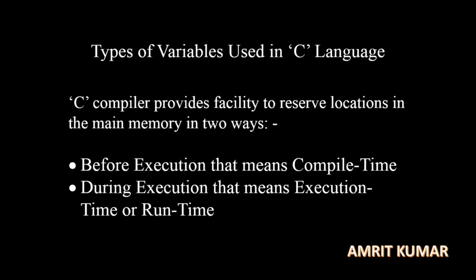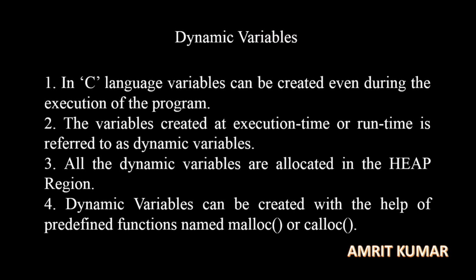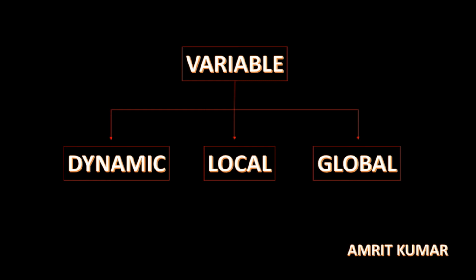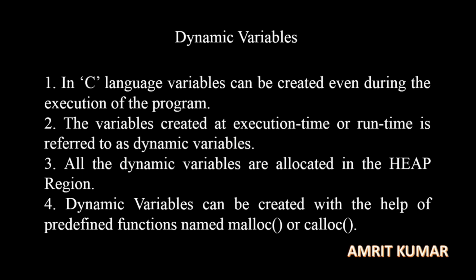So let's move on to the dynamic variable, which is very important. What we have learned is that variables are classified into three categories: dynamic, local and global, and we are now going to learn about the dynamic. In C language, variables can be created even during the execution of the program, and that is the meaning of dynamic.